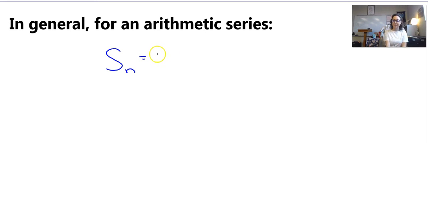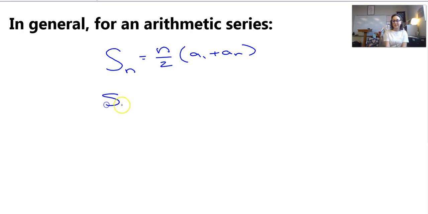Like the last time, our number of terms was 100, and then you're going to take that and divide by 2. So in general, you're going to take the number of terms you have divided by 2, because that gives you how many pairs. And then how do we find 101 the very first time? We took the first term plus the last term, okay?